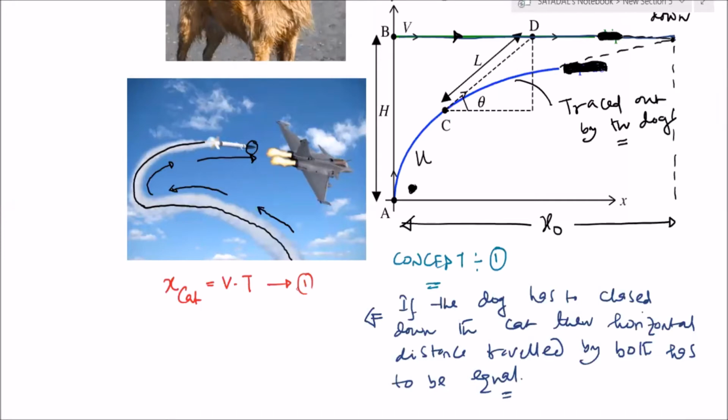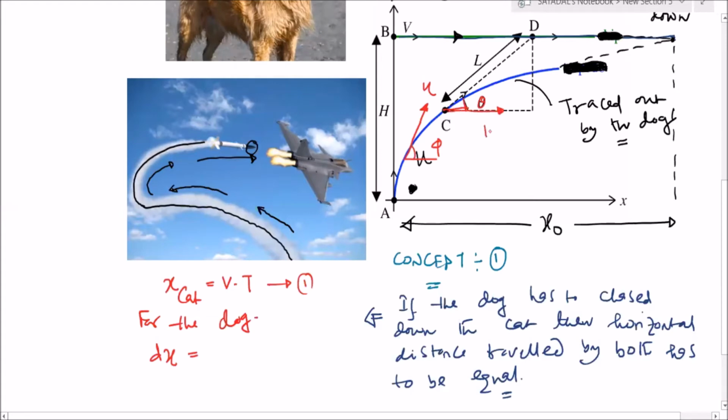Now for the dog there is a problem. What is the problem? Initially its velocity is in that direction, that is u, and you take this angle to be phi. After some time this angle becomes theta. So this angle is frequently changing, correct? So I cannot directly write. For the dog you have to write in this way: dx is equal to, see here, what is the x component of the velocity at this instant? That is u cos theta, right?